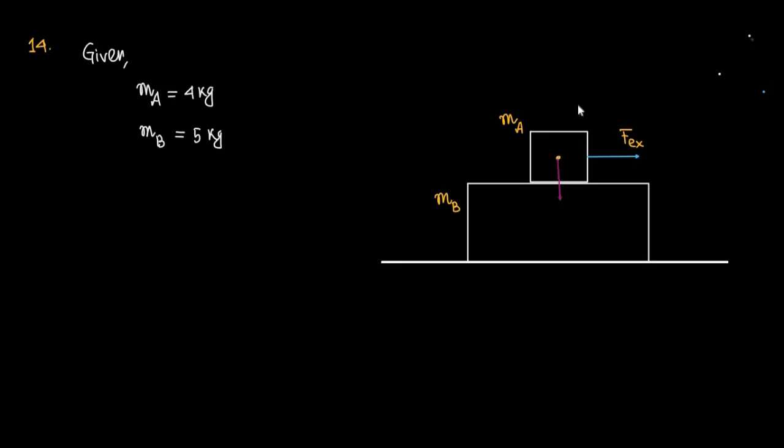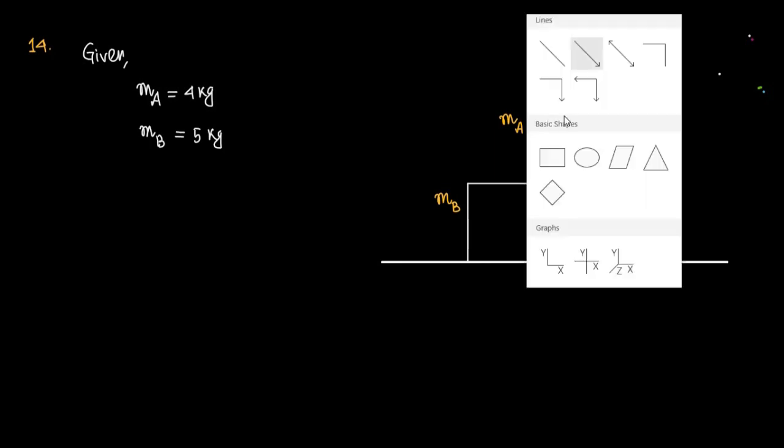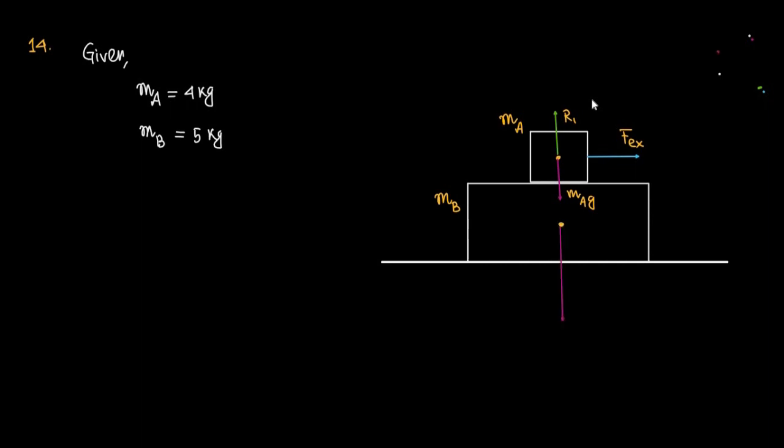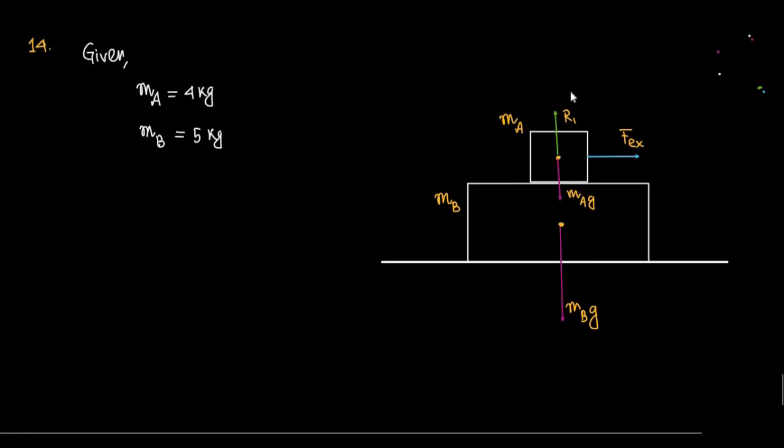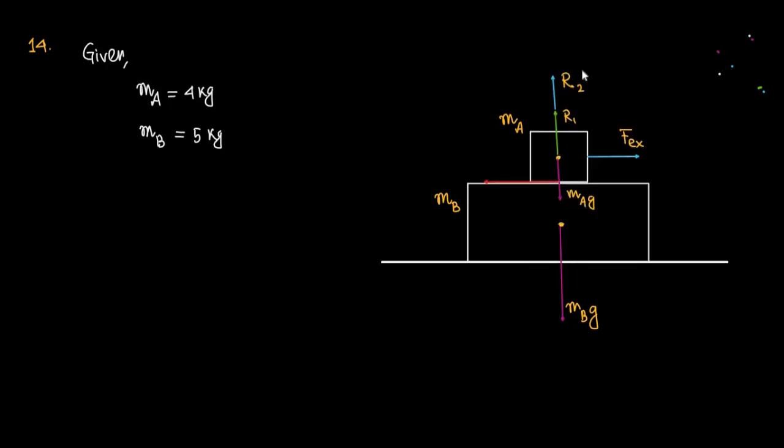An external force Fex acts on the upper block of mass Ma, and the weight of block A, that is Mag, acts downwards, and the reaction force on block A is R1. Similarly, the weight of the lower block of mass Mb is Mb into g, which acts vertically downwards. The reaction force on block B applied by the floor is R2, the normal reaction on block B.